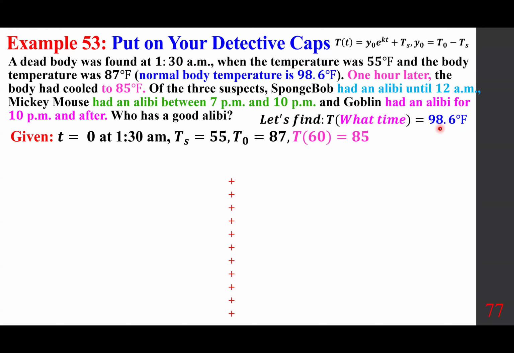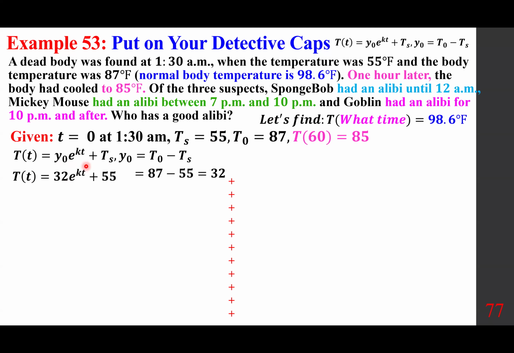And to follow that, we're going to go with Newton's law of cooling. And because y sub 0 is T sub 0 minus T sub S, 87 minus 55, which is 32.